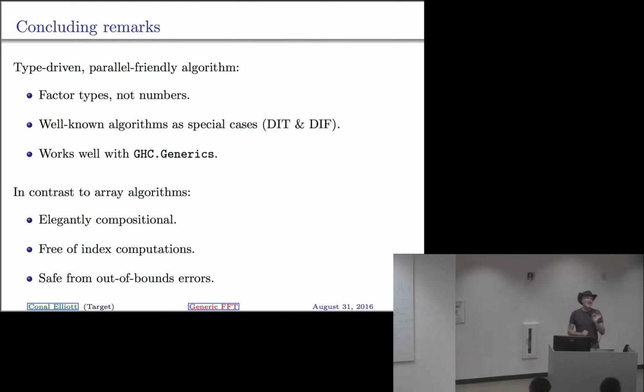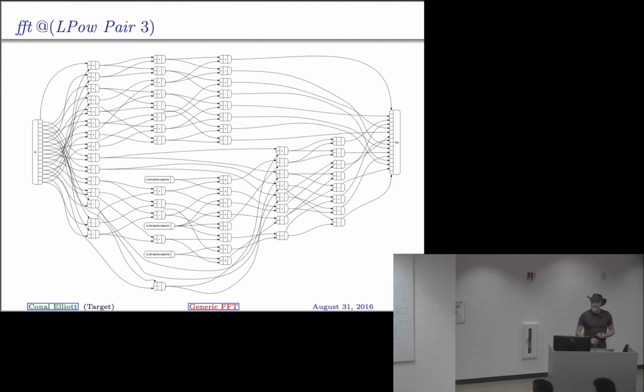Now, let me go on to say something else. If you look at the code that I generate, there's no log time tree access going on. I really am generating an array algorithm. Just look at the input on the left and the output on the right. It's linear.